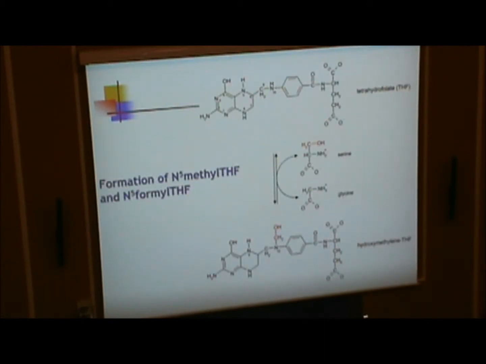So this reaction is catalyzed by hydroxymethyl transferase.